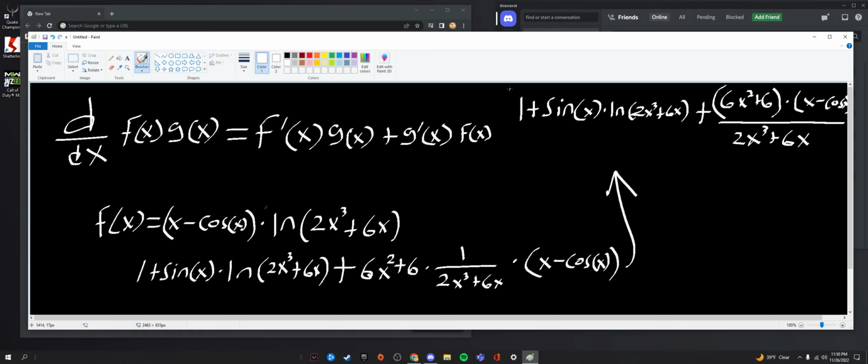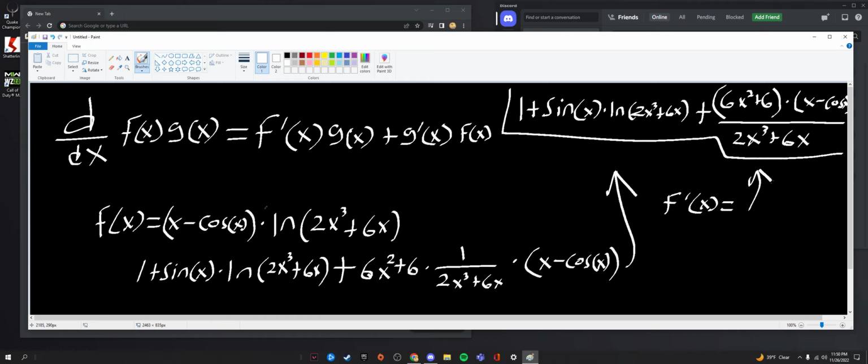Now this is our derivative. This is what f prime of x equals. So f prime of x is equal to all that up there.